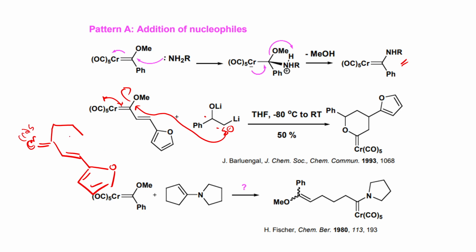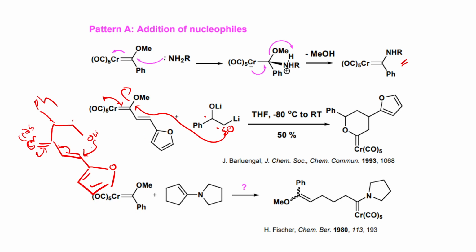Here now we have one, two, and we jump here. Now same, I think, so a kind of Michael addition type, one for addition, we can say this, and followed by that, again, stabilization.